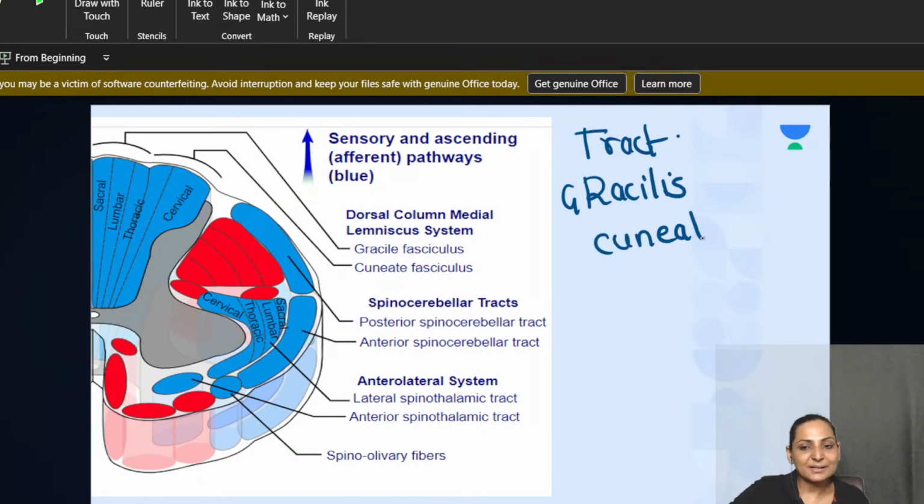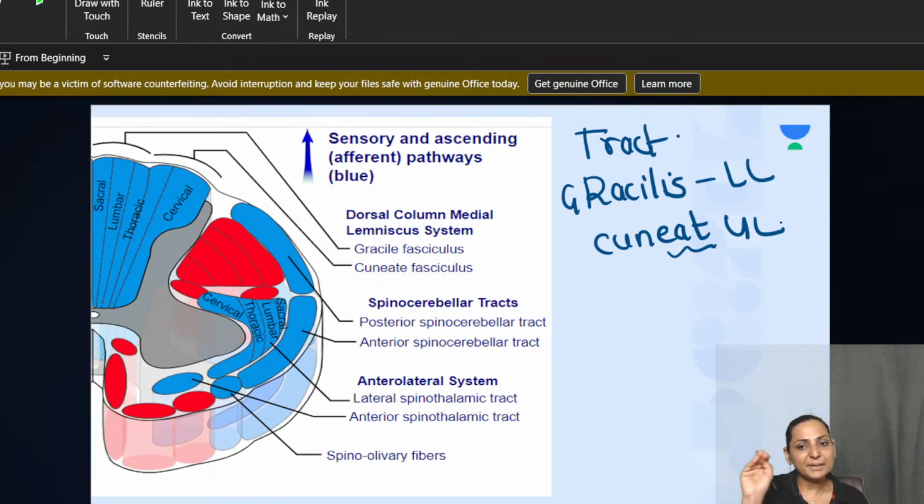Now fasciculus gracilis, walk gracefully, is carrying the impulses from the lower limb. Cuneatus, eat, how we eat? From the mouth, upper limb. Gracilis is going to take its origin right from the lower portion, like from the sacral and lumbar regions.